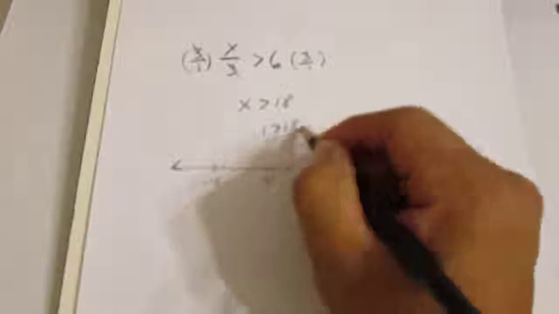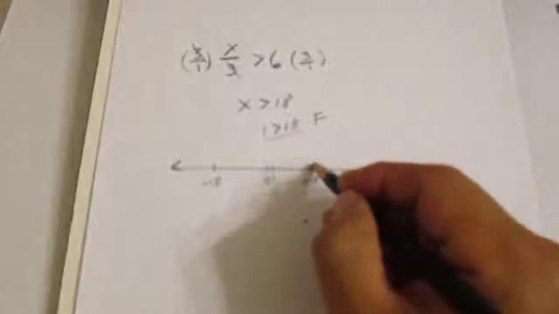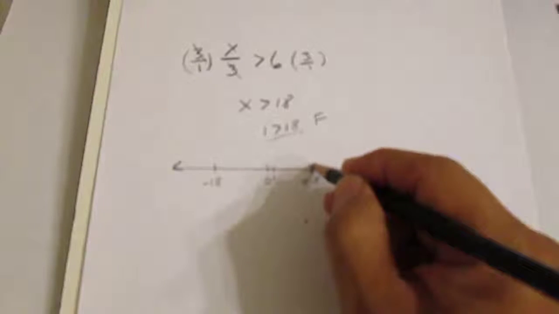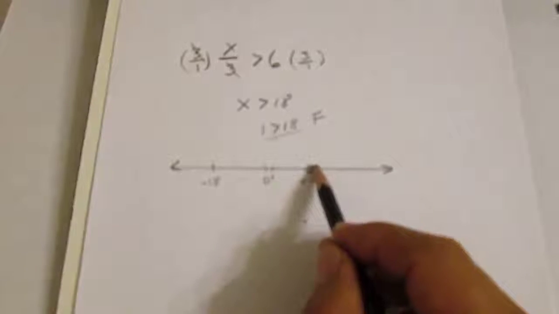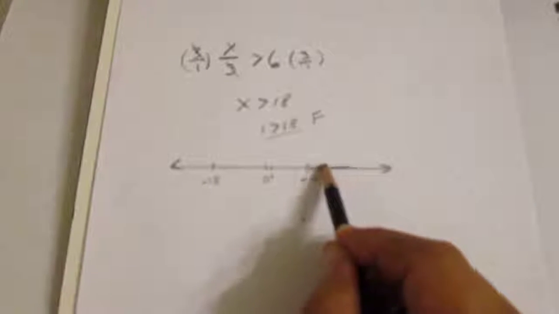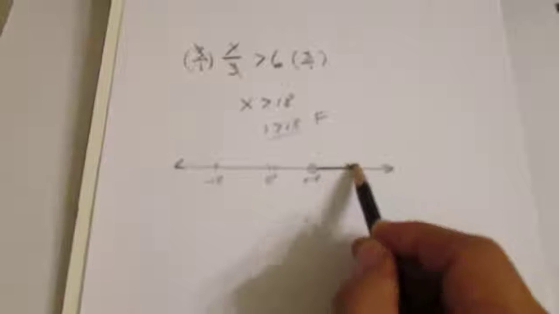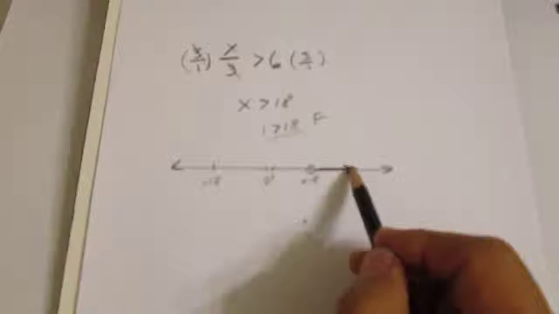Is that true? It's false. And it's positive 18, so I'm going to make an open circle there. And since it's false on the left hand side, I'm going to darken the other side, because the other side has to be true. If this side is false, that side is going to be true.